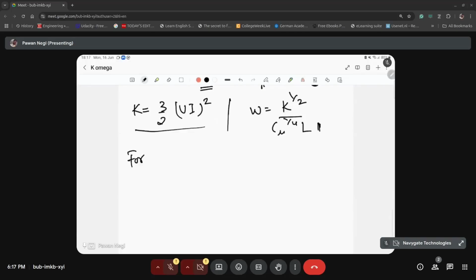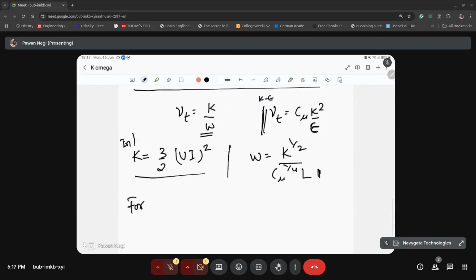This one is for inlet/outlet, and for wall, K is set equal to 0 and omega is set to 6 nu over beta 1 y square, where y is the first cell distance from the wall, nu is the kinematic viscosity, and beta is equal to 0.075.